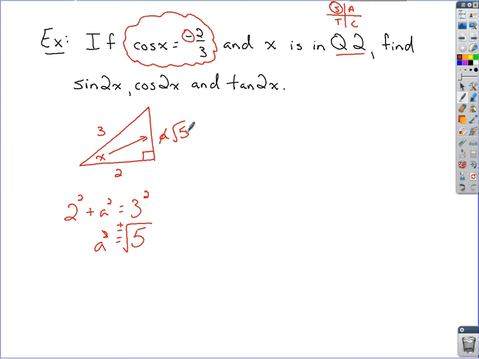For instance, if I wanted to know what the sine of x was, now that I know the opposite side is root 5, well, I'd have root 5 over the hypotenuse, which is 3. That would be the sine of x. And that would be positive since we're in quadrant 2 because sine is always positive there. And I highlight sine of x because when you go back and you consider the formulas we have to find all this double angle stuff, look at what makes up these formulas.